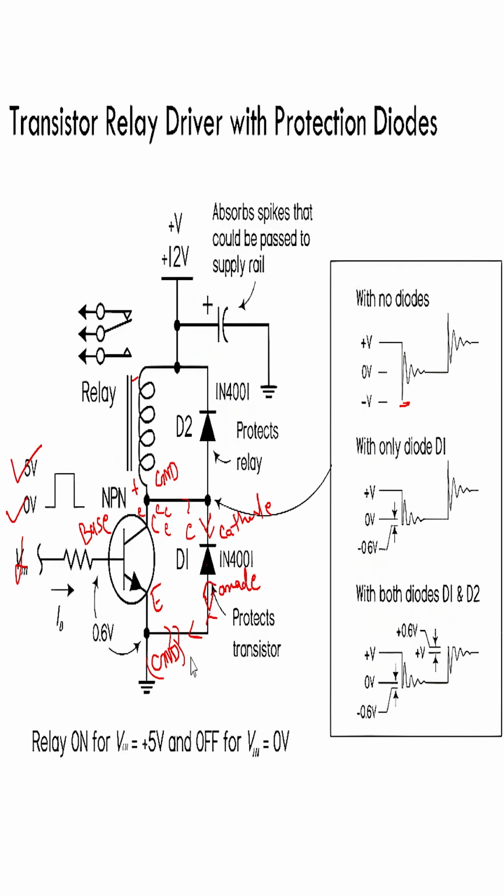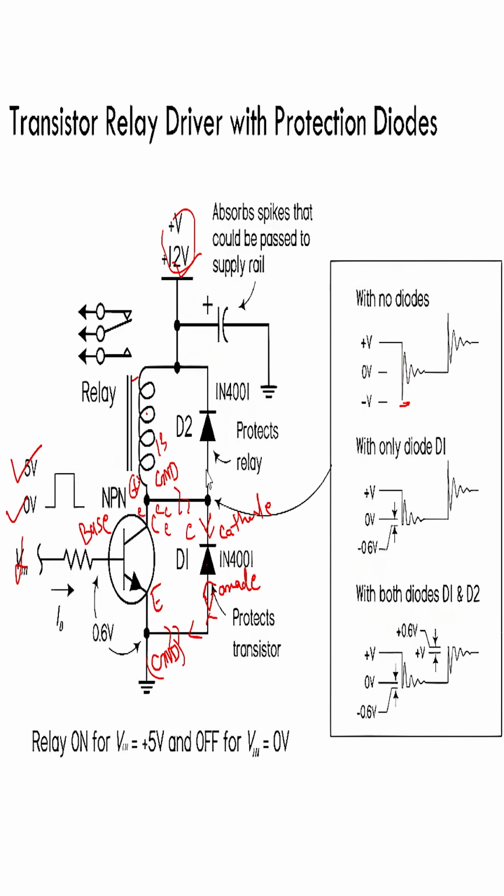After that, if a positive is created by the back EMF, it may be a high positive like 13 volts, 14 volts, and there is a 12 volt supply. So this positive can damage this coil, and it can also damage this one. So we also added one more diode that can dissipate that high voltage spike in this loop.